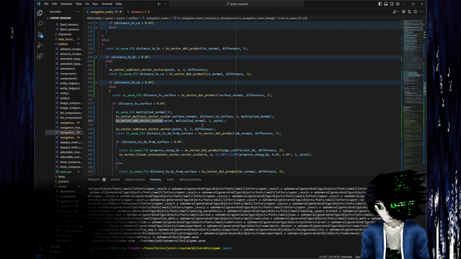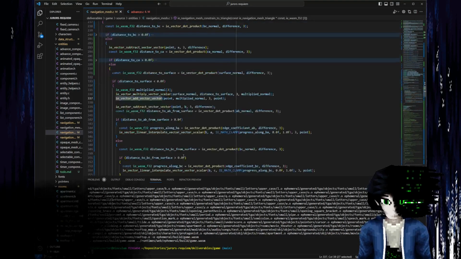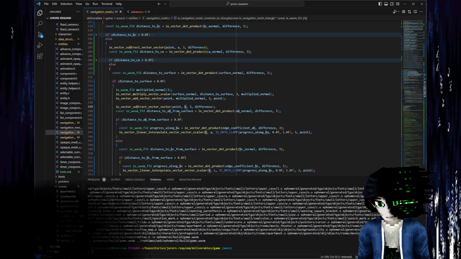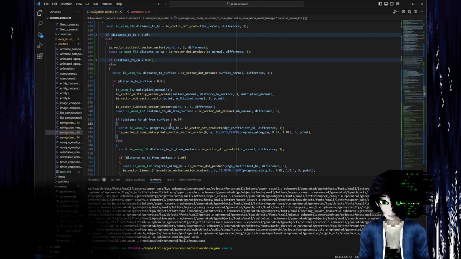Okay, that should be good. We're then getting the difference between that projected point and point B, and then we're comparing it to AB normal, which should give us the distance over side AB. And if we're over AB, okay, this is where things got a bit complicated and scary.